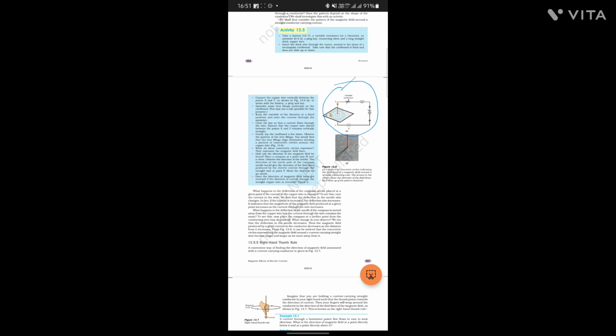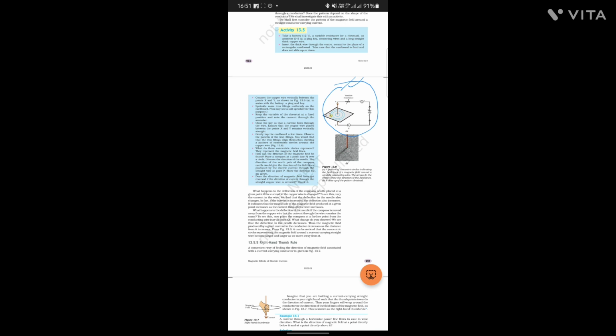Look, you may be asked to draw the magnetic field around a straight current carrying conductor, or the diagram might be given and you may be asked to find the direction of the magnetic field.